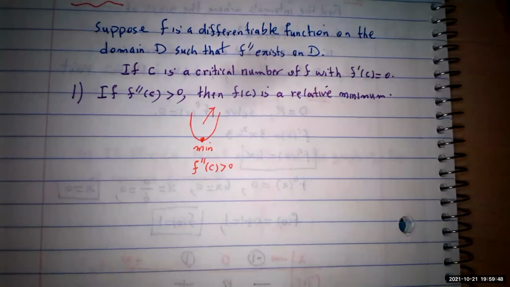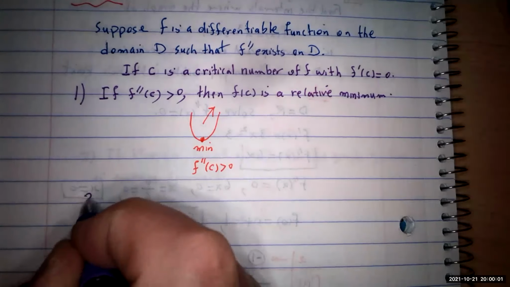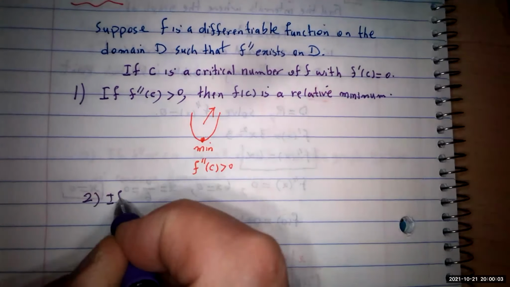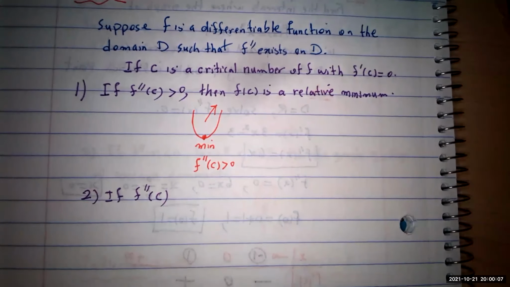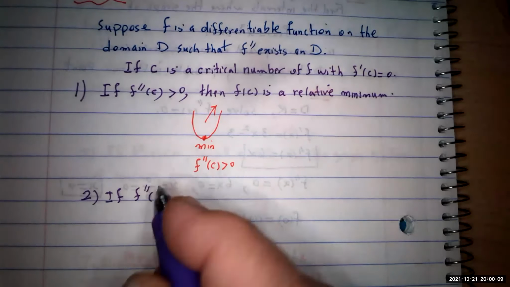That's very good. You don't need any chart, you just directly plug C into F double prime. That's case one. Case two: if F double prime of C happens to be negative.